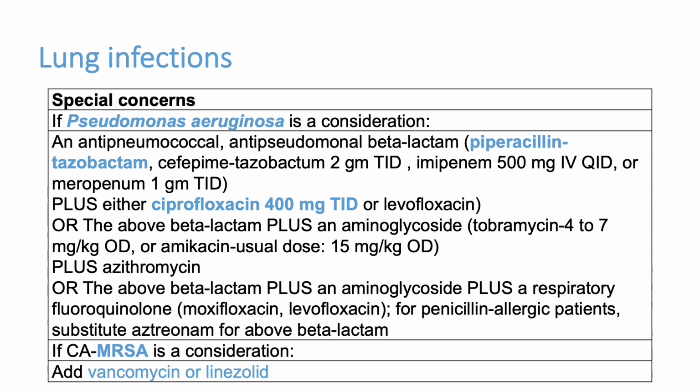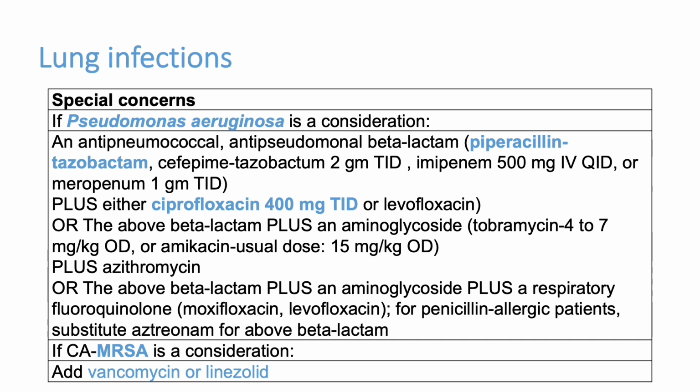Now, if we are suspecting pseudomonas infection, like the patient is having chronic lung disease or severe, uncontrolled diabetes, chronic alcoholism and all, we have to suspect pseudomonas aeruginosa. If we are suspecting pseudomonas, better to go for dual antibiotic coverage, like we can give piperacillin, tazobactam with ciprofloxacin or levofloxacin.